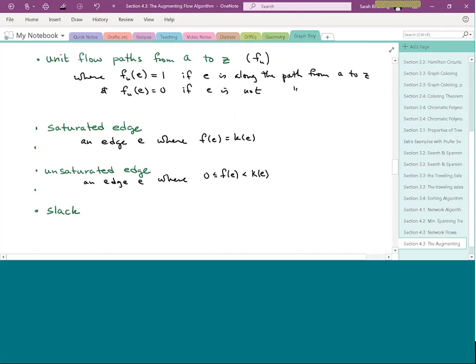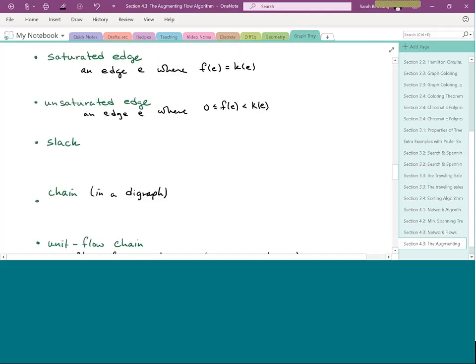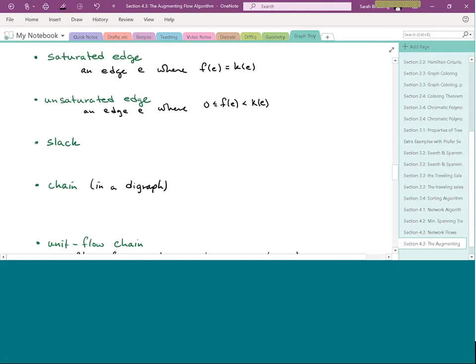Now, when you talk about unsaturated edges, you talk about their slack. Slack is specifically how much extra you could push through an edge. So it only applies, apparently I cannot write today, to an unsaturated edge.